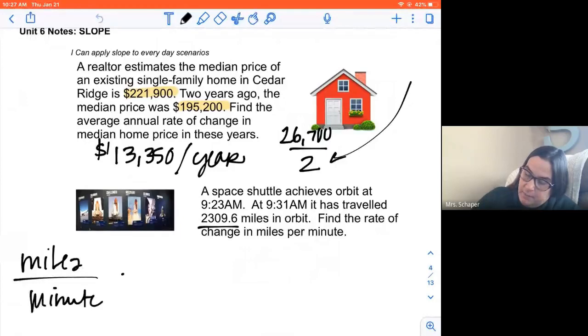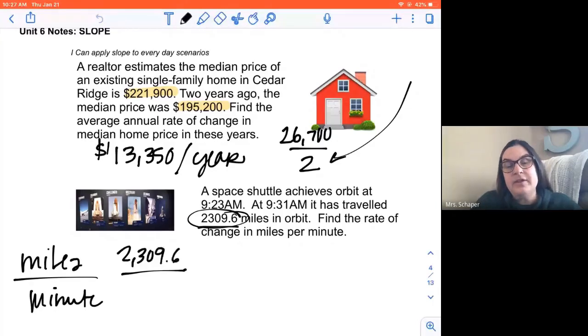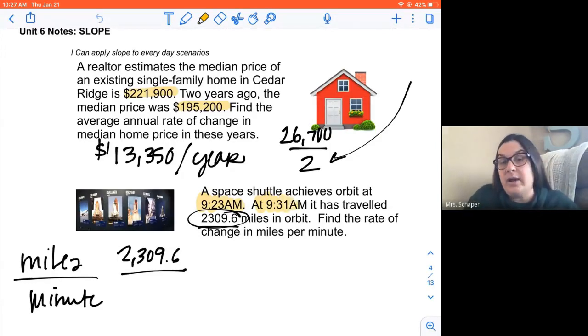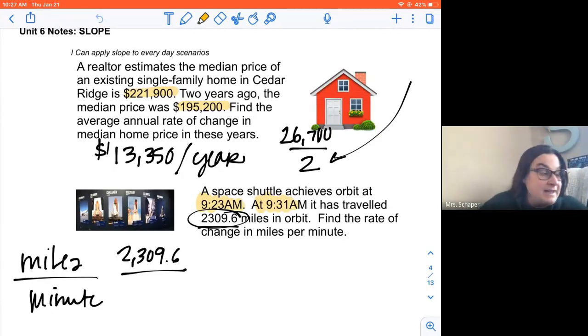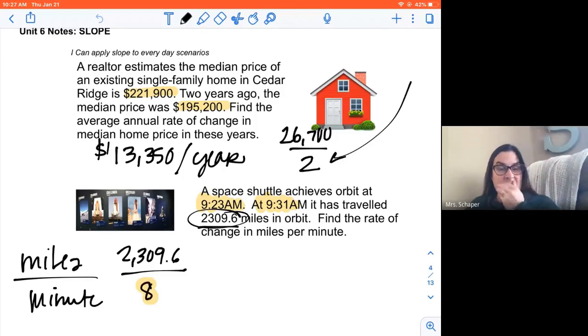Okay, so the miles it's changed is 2,309.6. The time it took is from 9:23 to 9:31. The difference in that time is 8 minutes. Okay, 8 minutes. So I'm going to put an 8 down here.